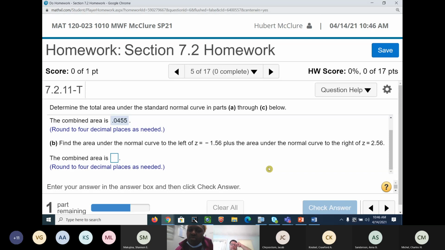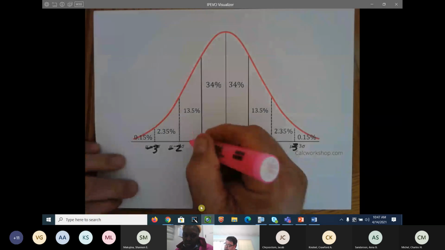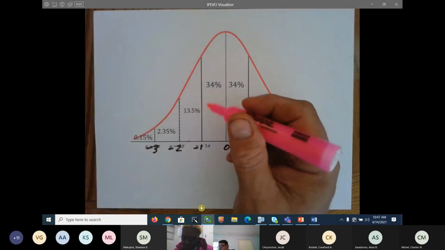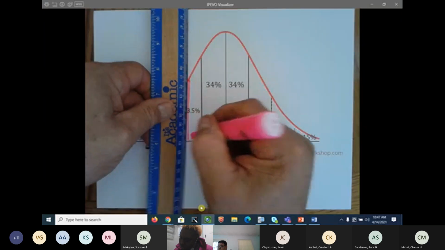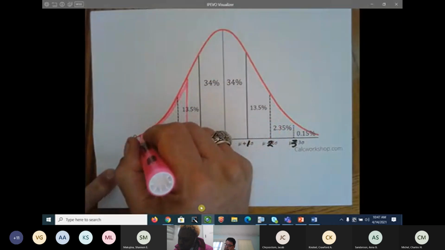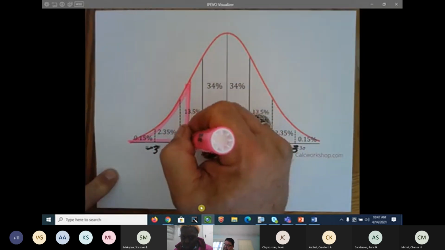So my -1.56 is right about here. And this is -1.56.